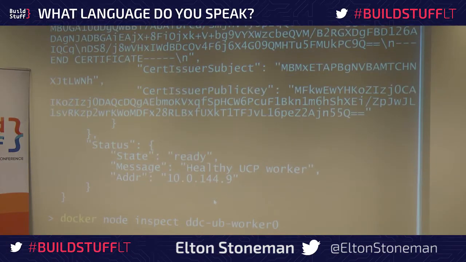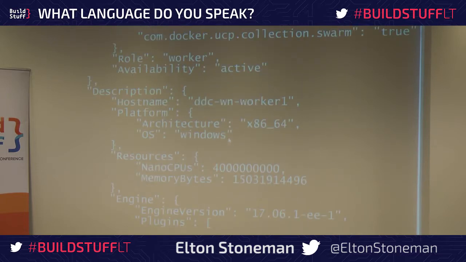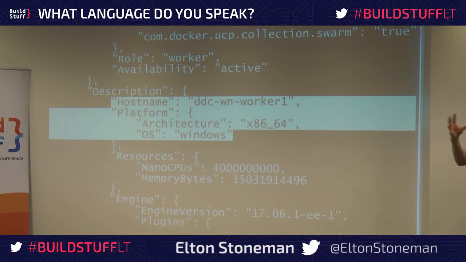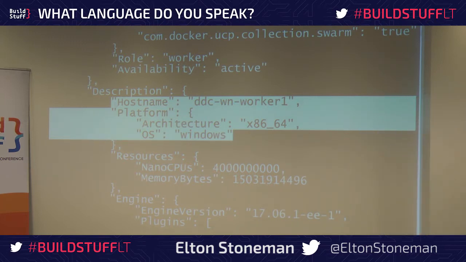And if I do the same with my Windows worker, which I think is WN worker 1, then you'll see up here, it knows that it's Windows. So Docker knows some basic information about the nodes in the cluster that will help it schedule things in the right place.